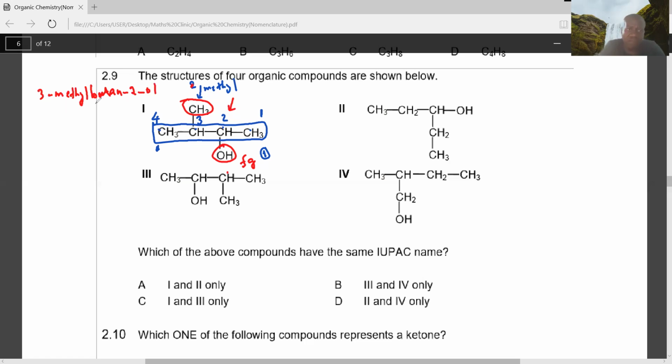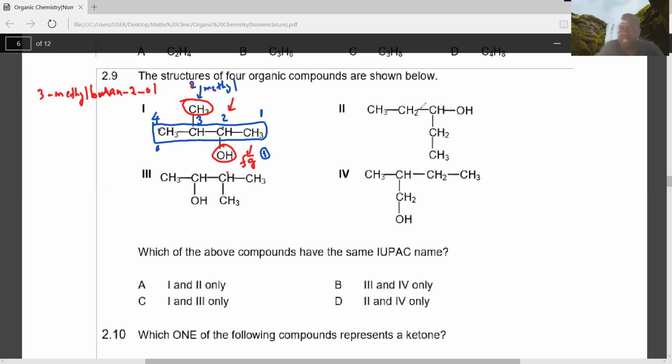So it's 3-methylbutan-2-ol. We give priority to the functional group over the branch. If you start from this side, 1, 2, 3, the functional group would be at carbon number 3 and the branch would get 2, which is wrong. So it's 3-methylbutan-2-ol.